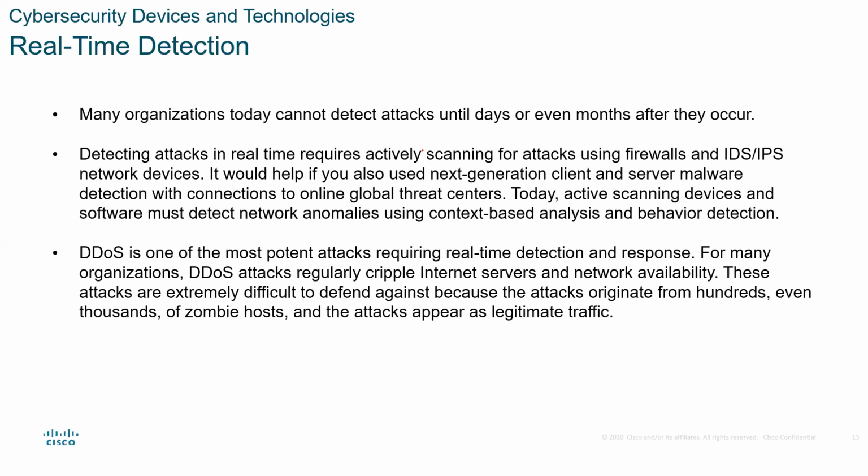It will help if you also use next-gen client and server malware detection with connections to online global threat centers. So today, active scanning devices and software must detect network anomalies using context-based analysis and behavior detection. That is where AI comes into play.